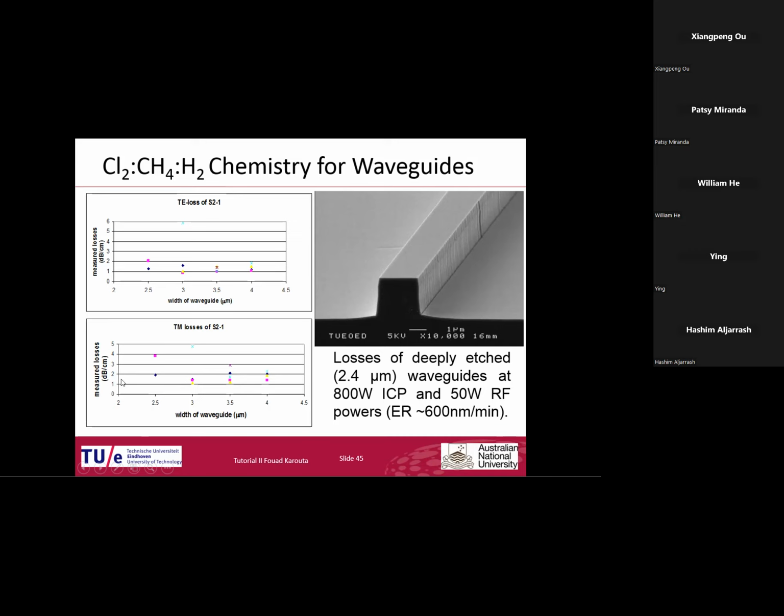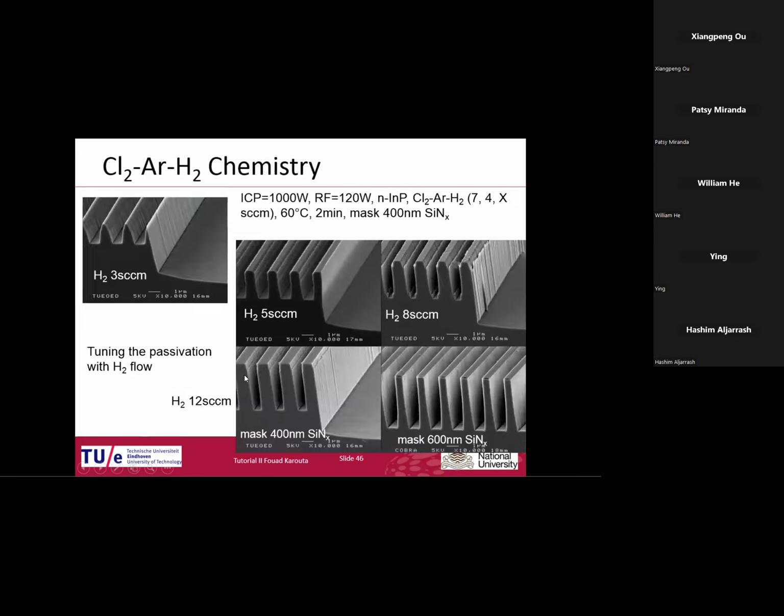Of course, these values are much higher than if you are working in silicon on insulator. But we were trying to develop a new technology. Then, not long after, I switched to chlorine argon hydrogen. And here I was playing with the hydrogen flow.